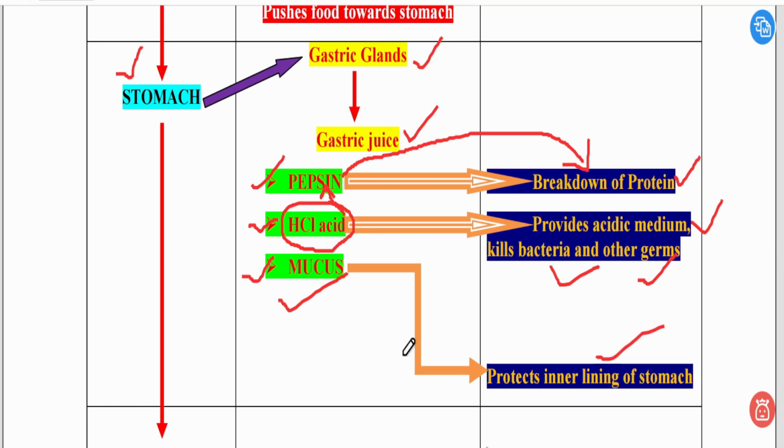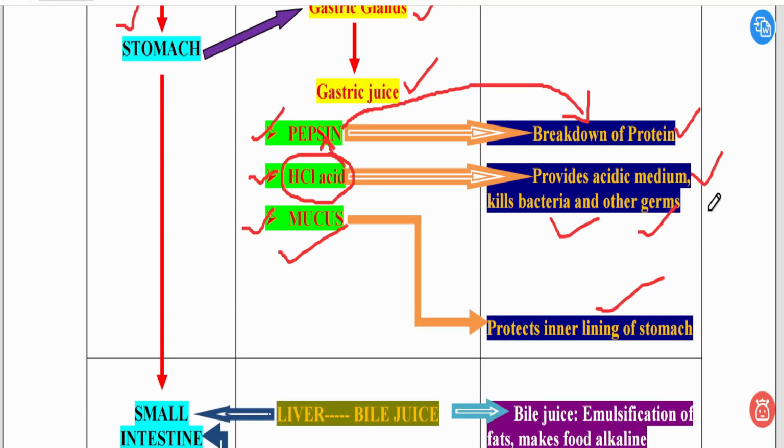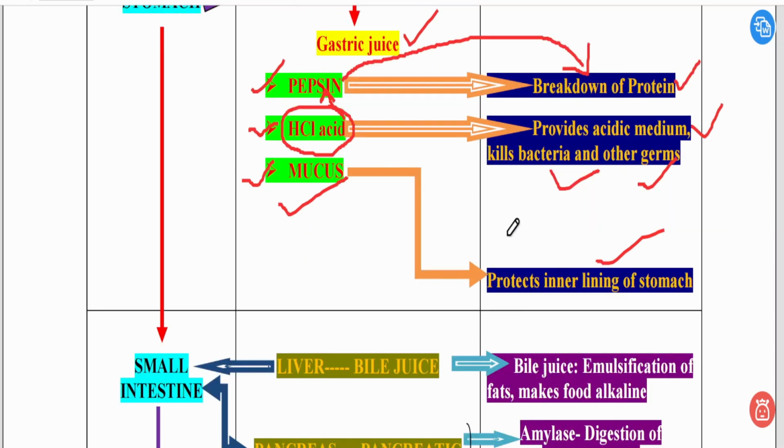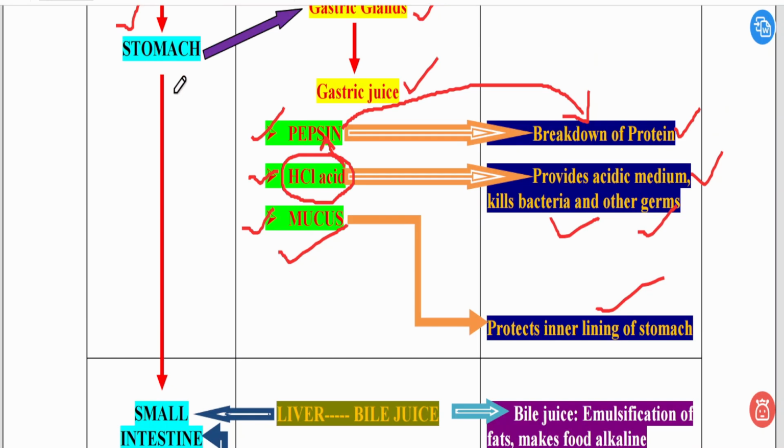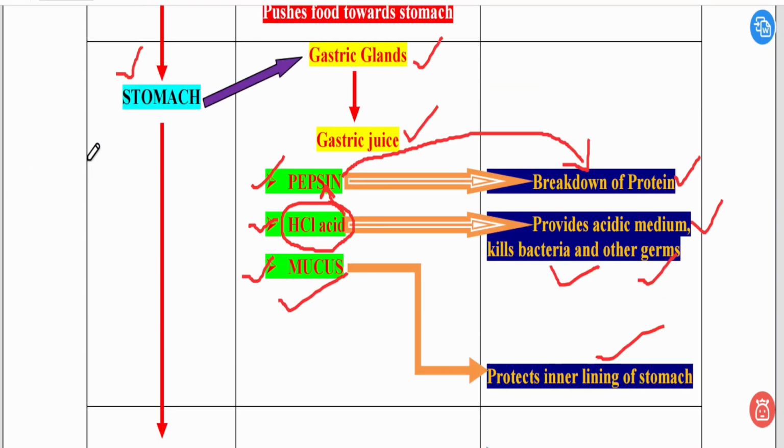Now after somewhat breakdown of those protein molecules, peristaltic movement again occurs here in the stomach. So let me show you. Suppose this is the stomach, here also continuous contraction and relaxation of those muscles takes place.